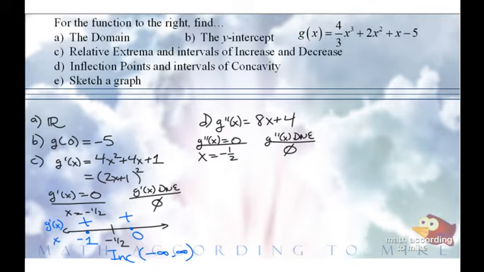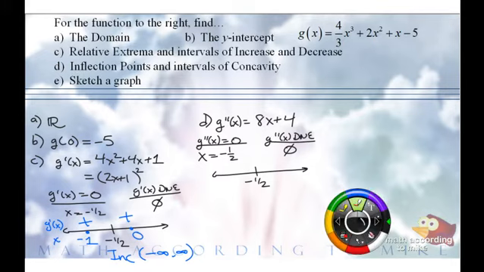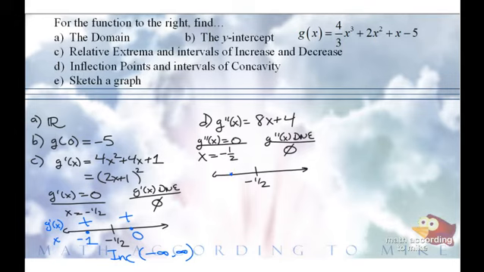What do we do with our -1/2? Number line. You can even pick the same test values that we did before. But where are you putting these test values now? The second derivative.